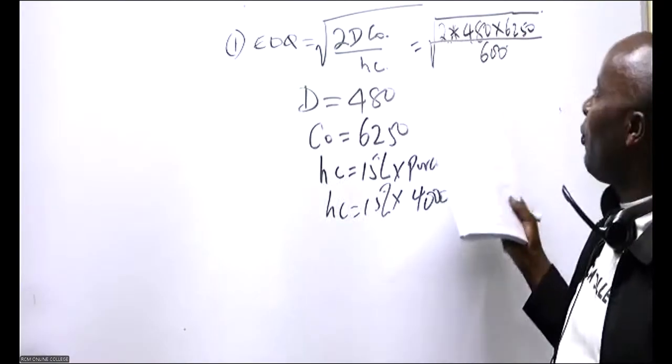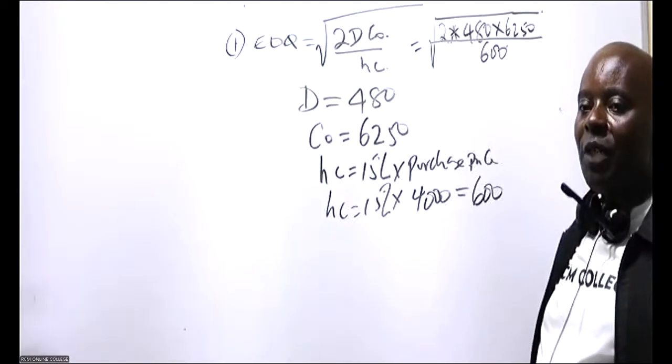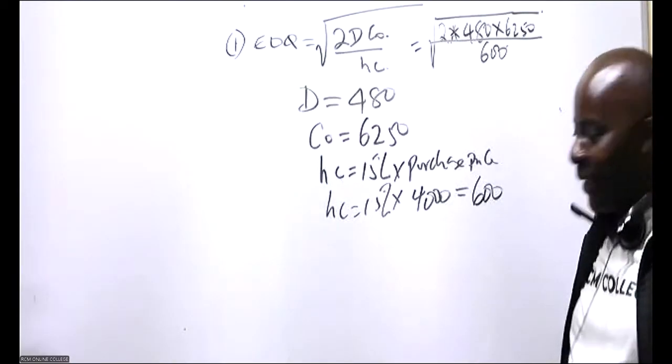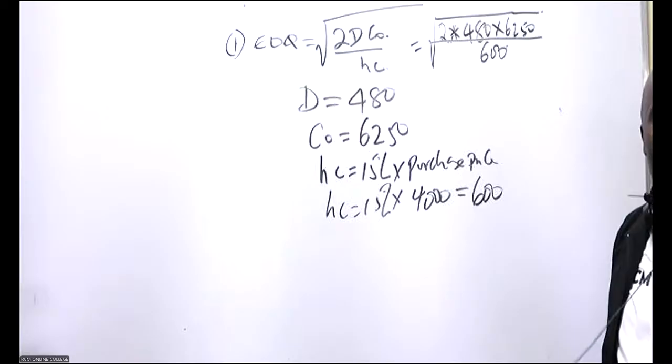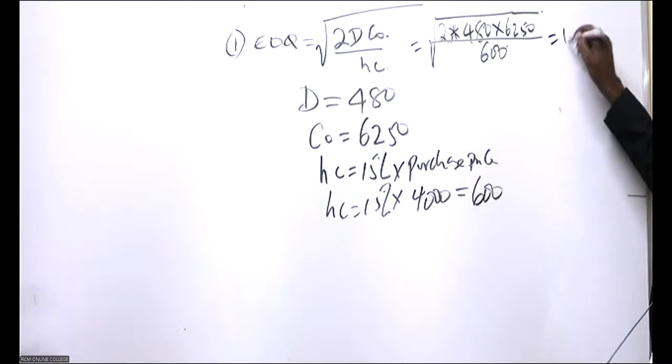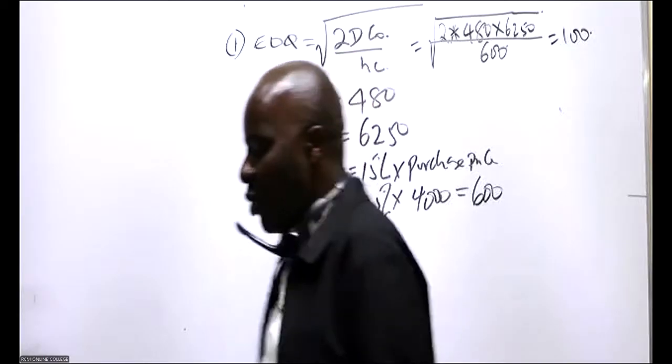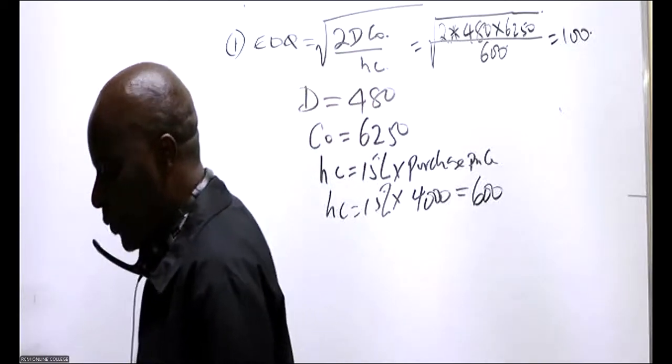Say 2 times 480 times 62.50. Whatever answer you get, you divide by 600. And then at the end of the day, you take the square root: 100 exactly. So in this case, if we want to minimize our inventory costs, we shall procure 100 mattresses.